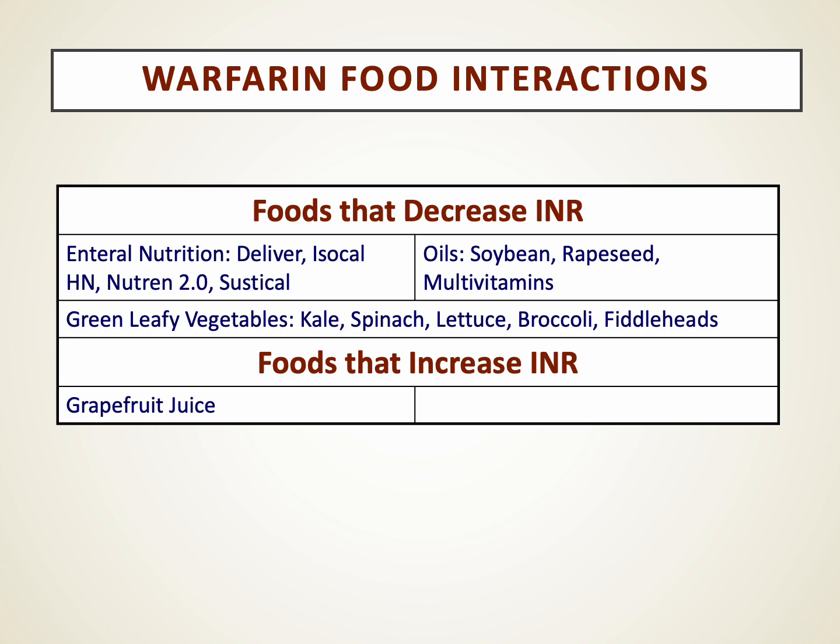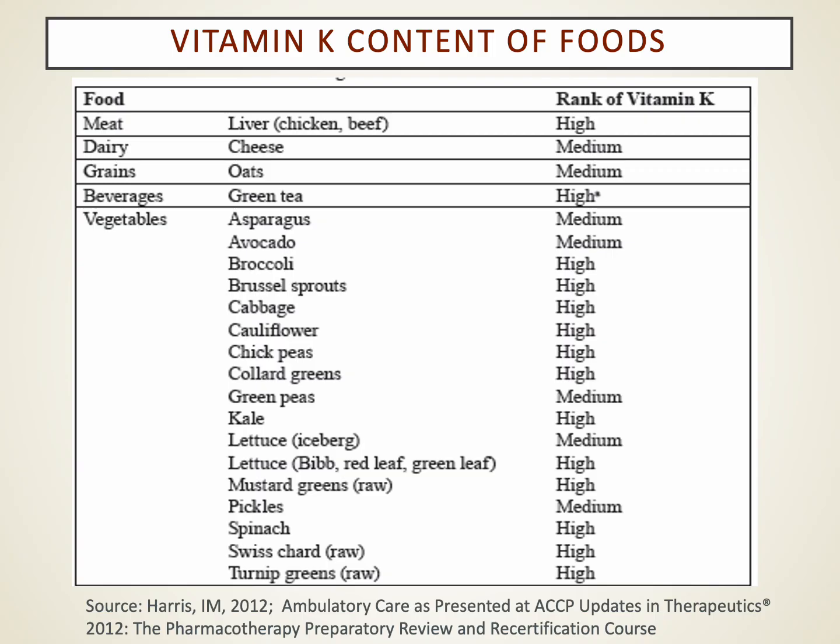So if you see variation in foods that contain vitamin K, we look at standardizing that to the best of our ability. Lots of things we think of have high content of vitamin K, particularly green leafy vegetables, or green tea, also pretty high in vitamin K. So we want to keep the amount of vitamin K in a patient on warfarin pretty stable.